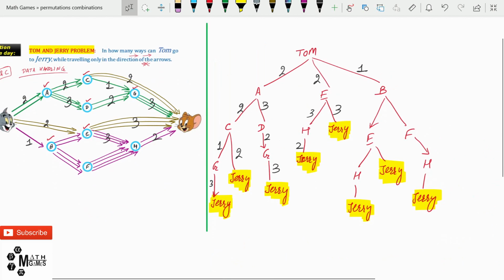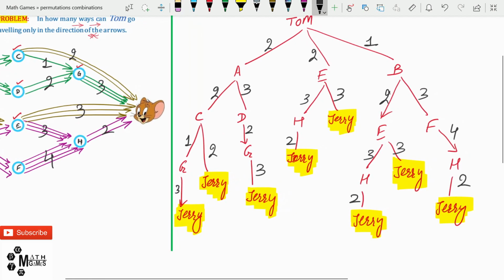Similarly, the last leg of the question, from B to E, is 2, so we write 2 here. E to H is 3, H to Jerry is 2, E to Jerry is 3, B to F is 3, F to H is 4, and finally H to Jerry is 2.